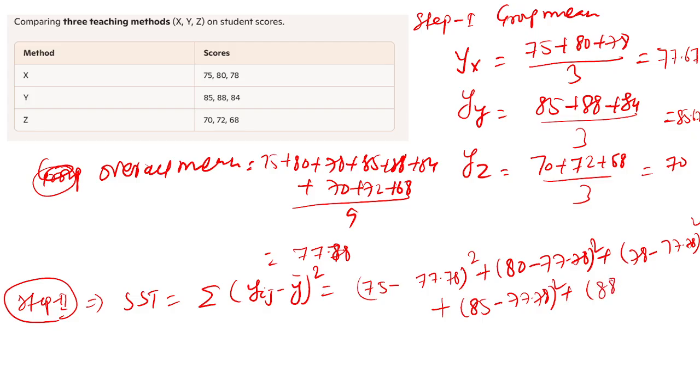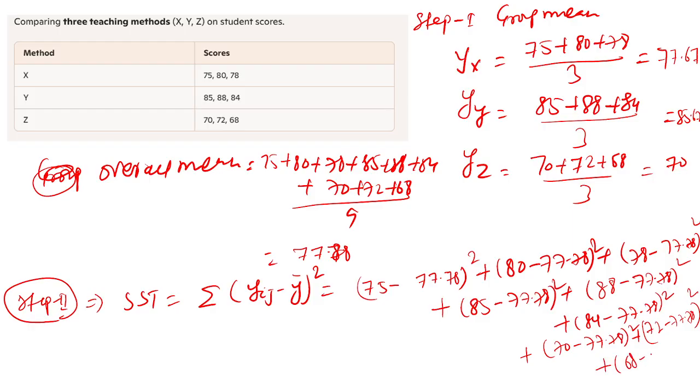Then we have 88 minus 77.78 whole square, then 84 minus 77.78 whole square, plus 70 minus 77.78 whole square, plus 72 minus 77.78 whole square. Then we have 68 minus 77.78 whole square. If we calculate it, we get a value somewhere around 387.9. So this is the value of SST.